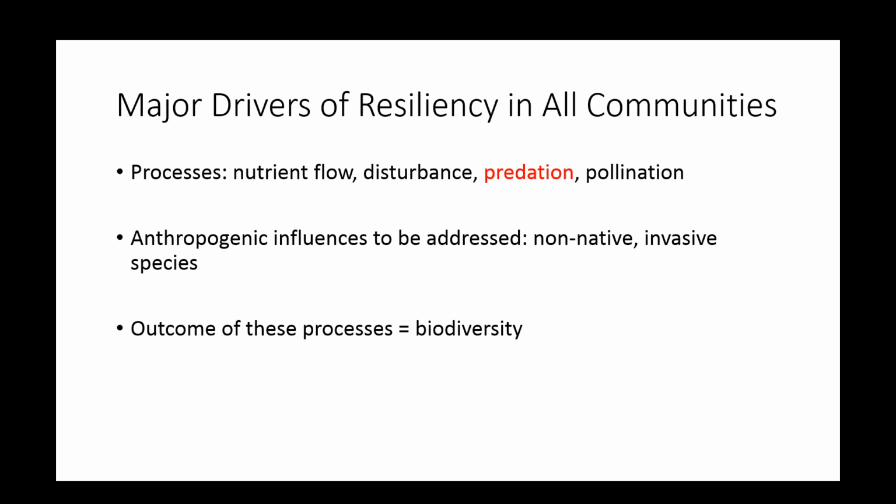Now, anthropogenic influences have modified the world tremendously. Some say that there is no place on the earth that contains its original assemblages of communities of flora and fauna that might have been present, let's say, 1,000 years ago.